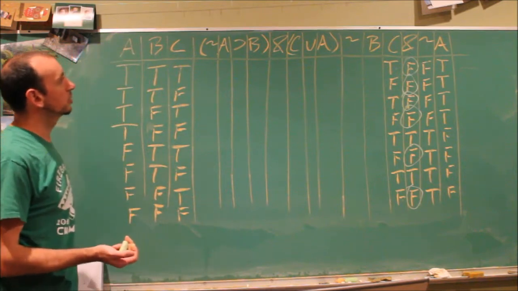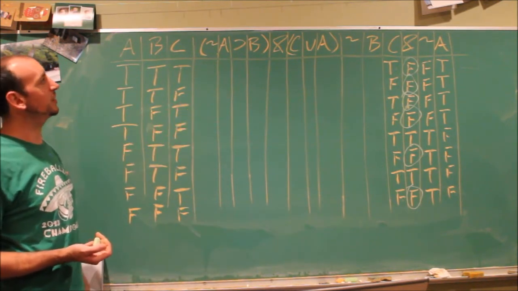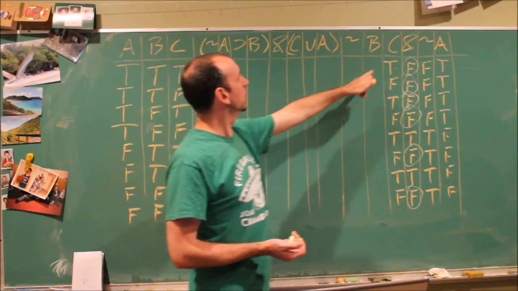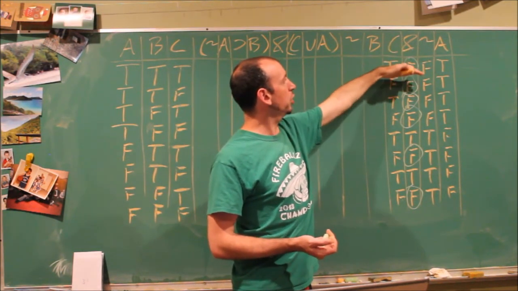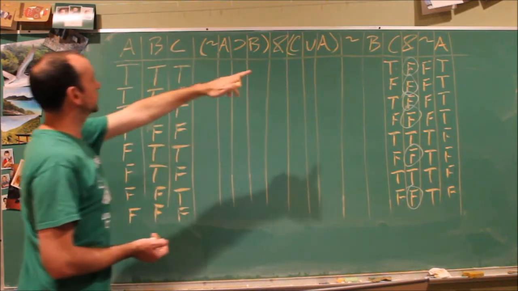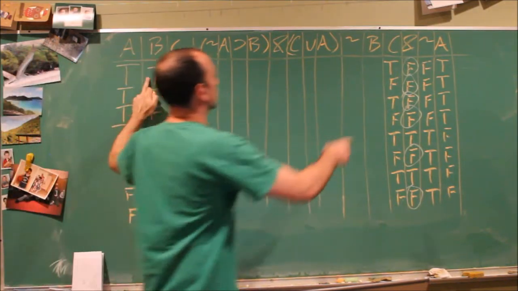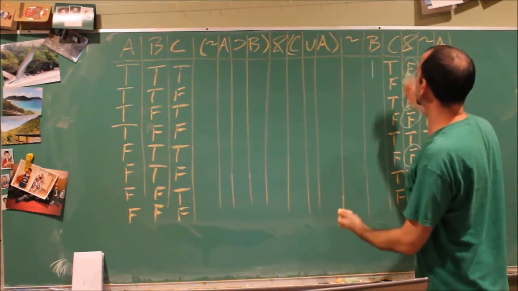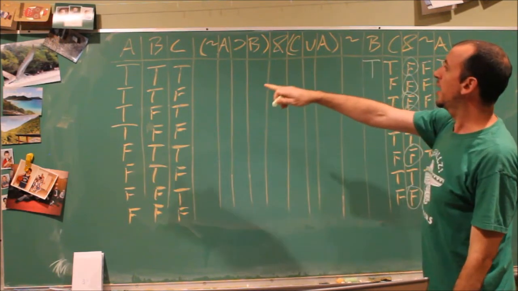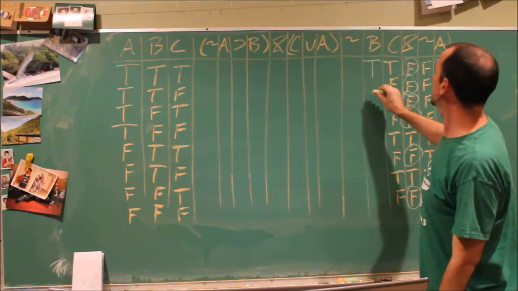So what's our closest premise here? Well, let's start with not B since it's right next door here. So we only have to figure out not B for the rows that have a false conclusion. So the first thing I'll do is bring over my B. So I have a false conclusion here, my B value is true. I'll do this in green for the heck of it. I have a false conclusion here, my B value is true.